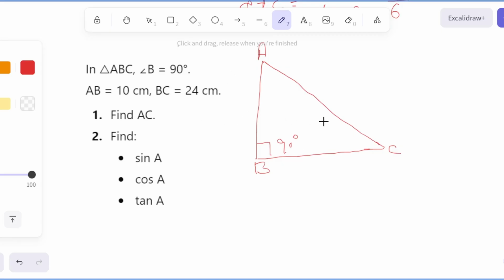Now AB is given as 10, BC is 24, and they're asking us to find out AC.